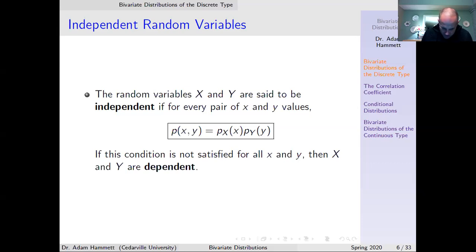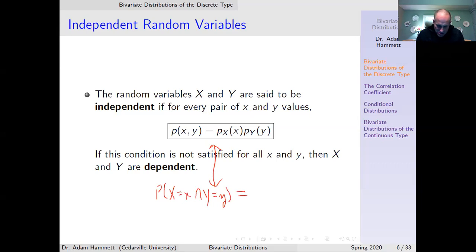Let me just write something here. Let's think about this for a minute. P of x, y is just the probability that x is equal to little x and y is equal to little y. And what's the right-hand side saying?